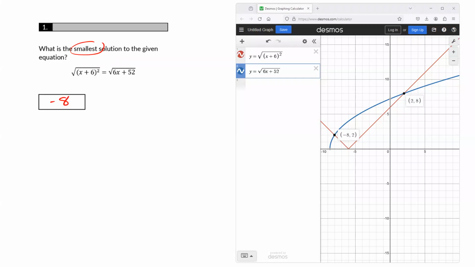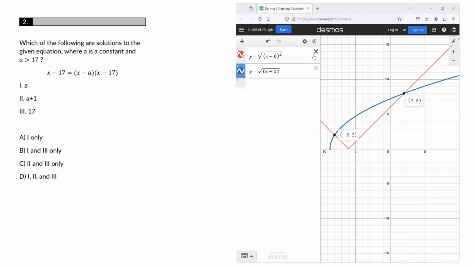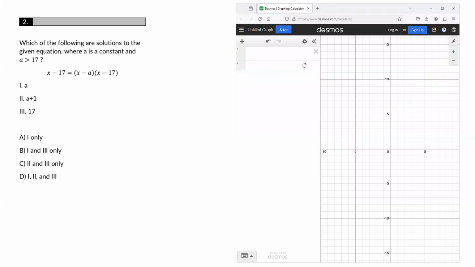All right, let's try number 2. Again, we have an equation. I'm going to start with y equals and y equals. My first side of the equation is x minus 17. The second side, well, now we have a new variable a. That's okay.